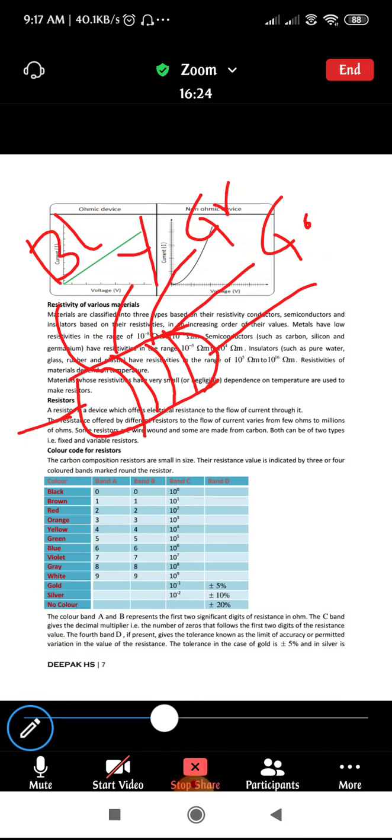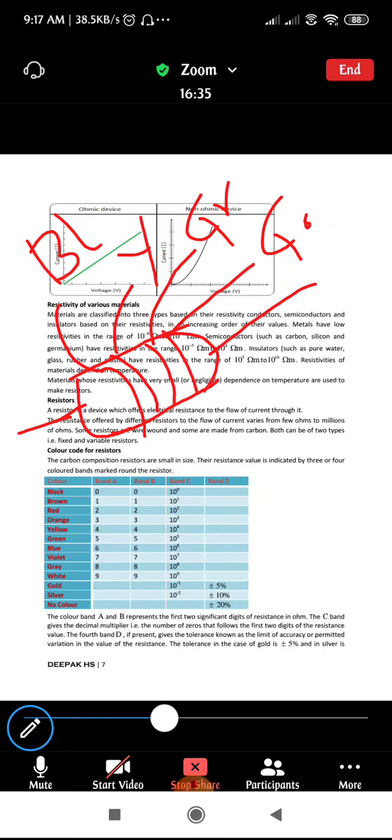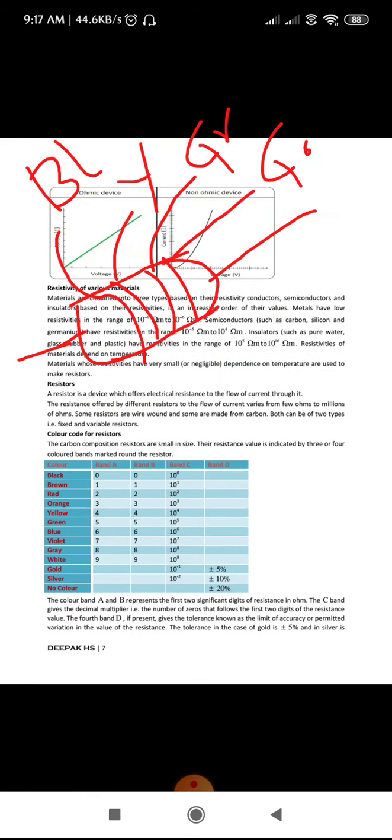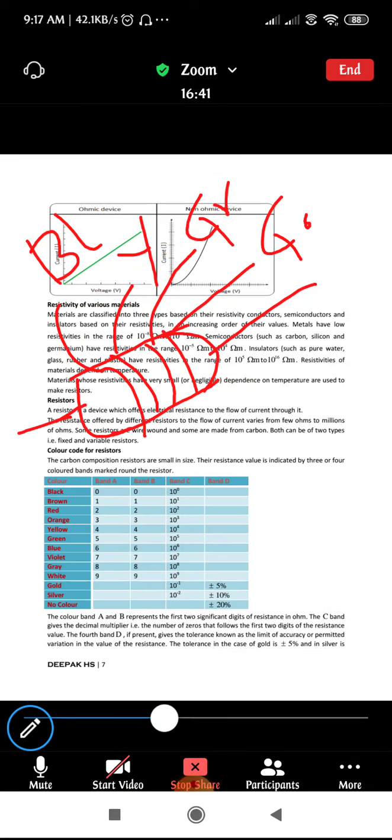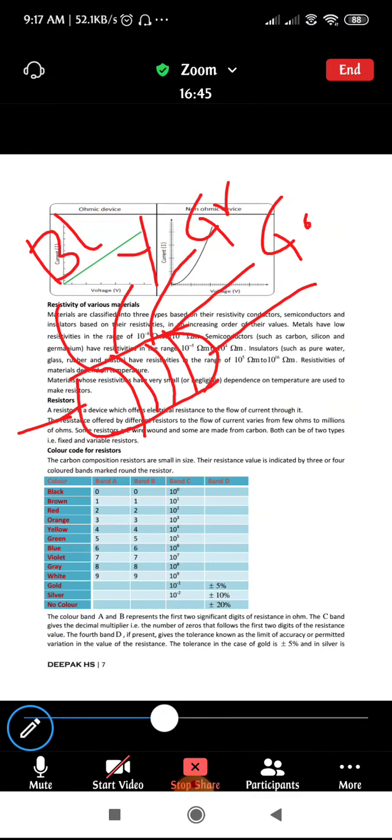Calculate the value of this resistor. I didn't get the answer from anyone yet.